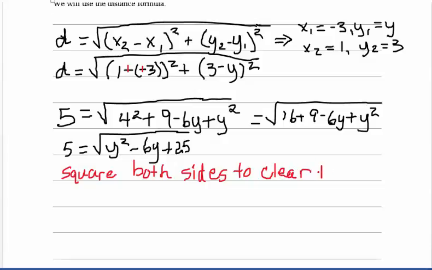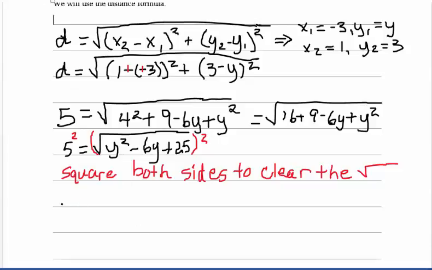to clear the square root out of the problem. So I square 5, and I'm going to square the square root of y squared minus 6y plus 25.